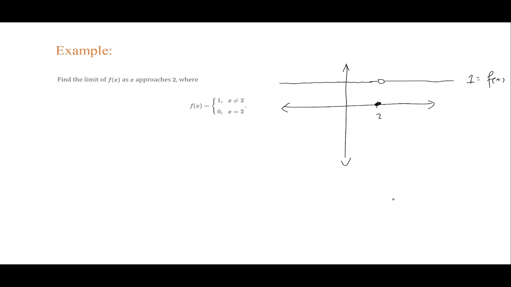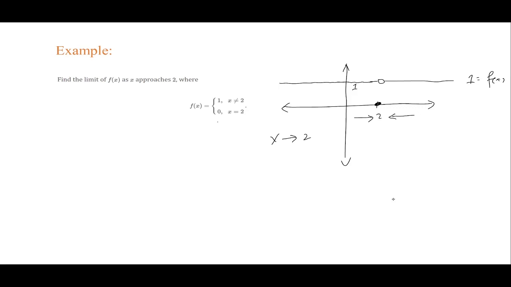So that's the graph. As you can see here, when x approaches 2, this is the notation for approach. When x approaches 2 from the left side or from the right side, the value of the function is approaching 1. Though the value of the function itself is 0, if you come from the left side or right side of 2, the value of the function is always 1.